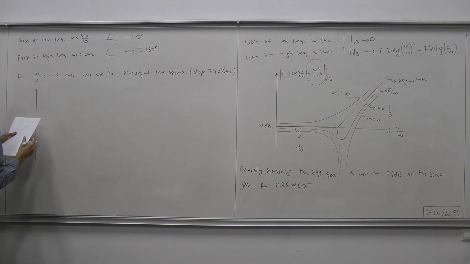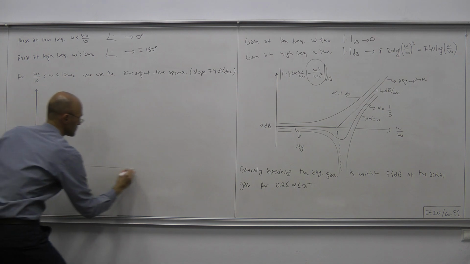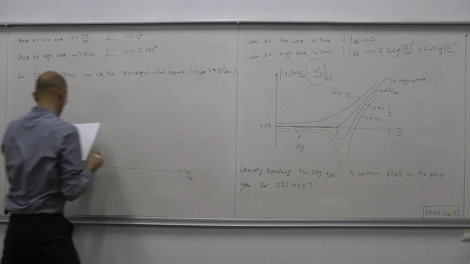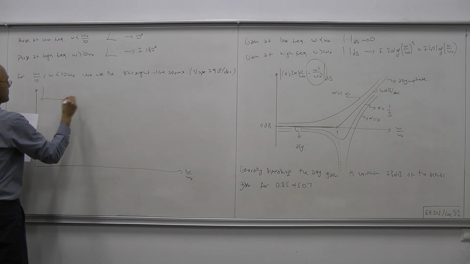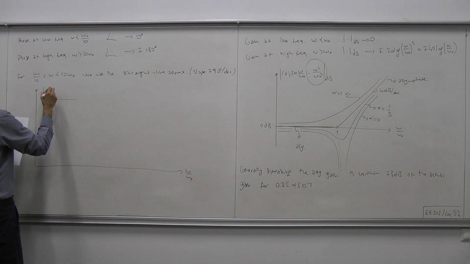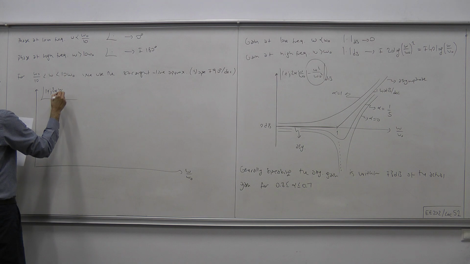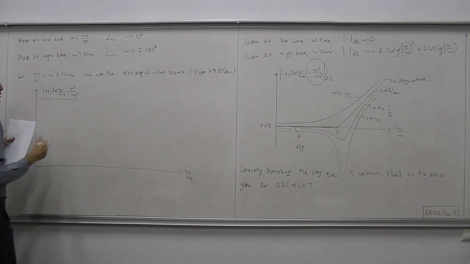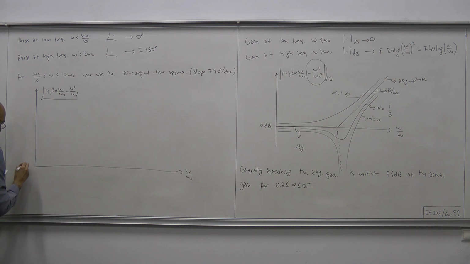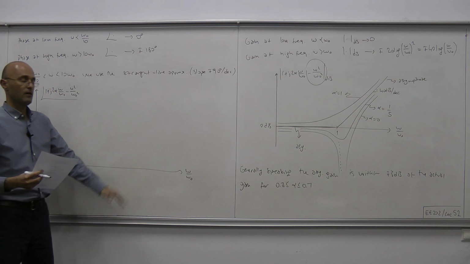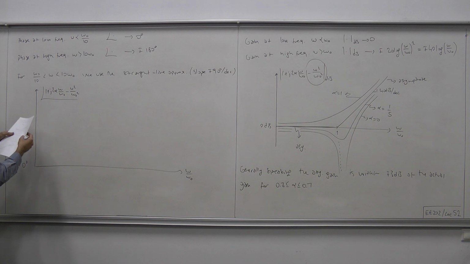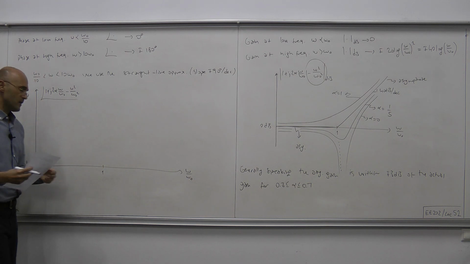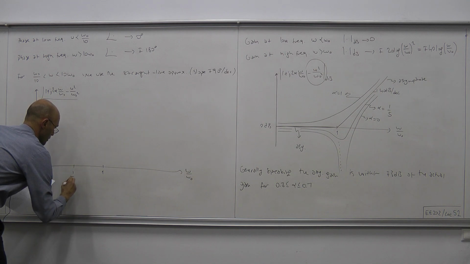So overall, this is how the phase plot looks like for 1 plus j 2 alpha omega over omega 0 minus omega squared over omega 0 squared. This is the 0 degree axis line, and let's mark this point as 1, and here we have 1 over 10.